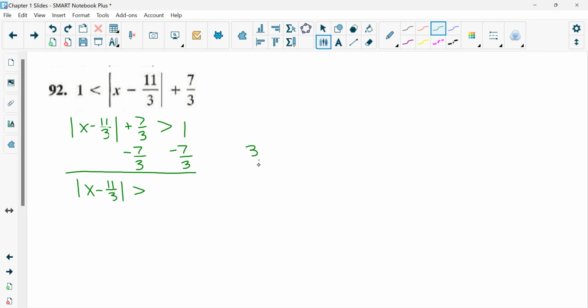So I'm doing 3/3 minus 7/3. What's 3/3 minus 7/3? -4/3. Remember, you need a common denominator, which we have. We just subtract the tops, keep the bottoms the same.